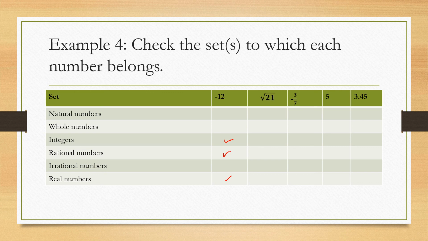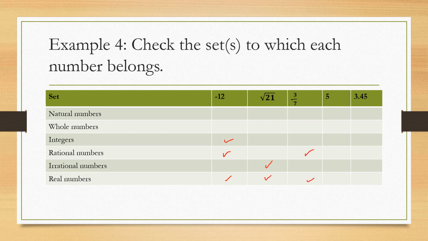What about the square root of 21? The square root of 21 is irrational, and so it is a real number. And then, negative square root of 37, which is irrational, and also under the umbrella of real numbers. Next, 5.